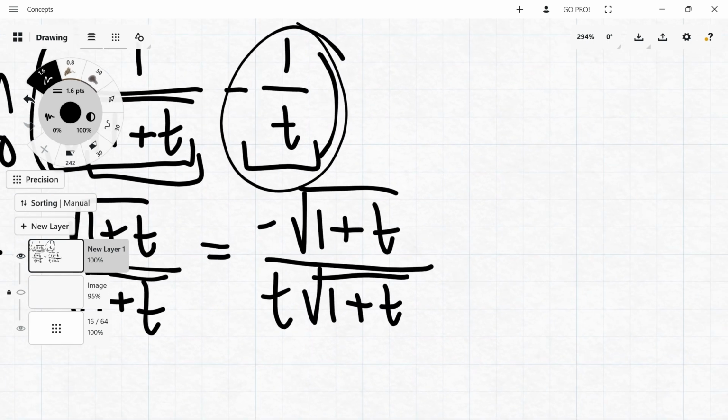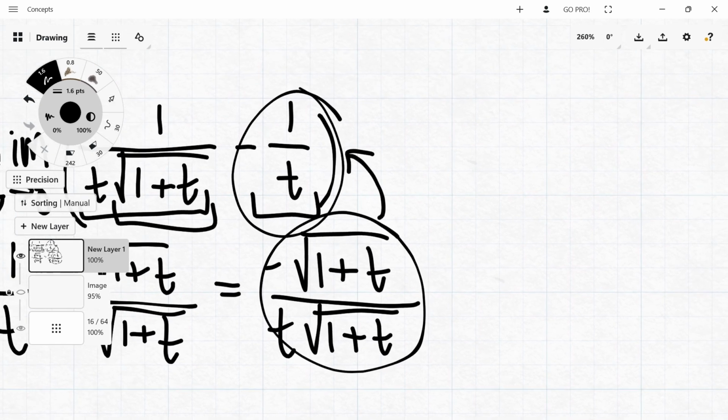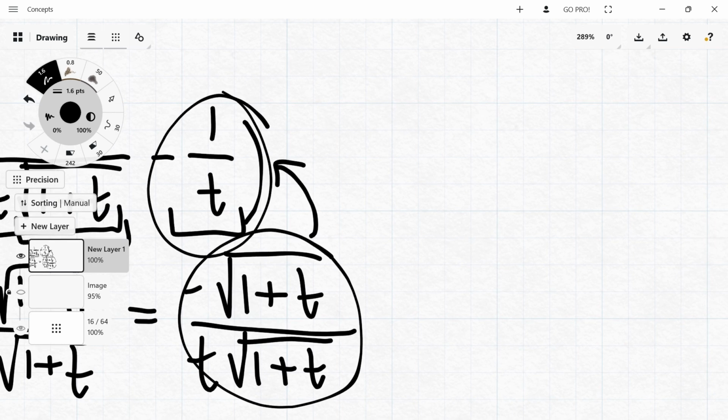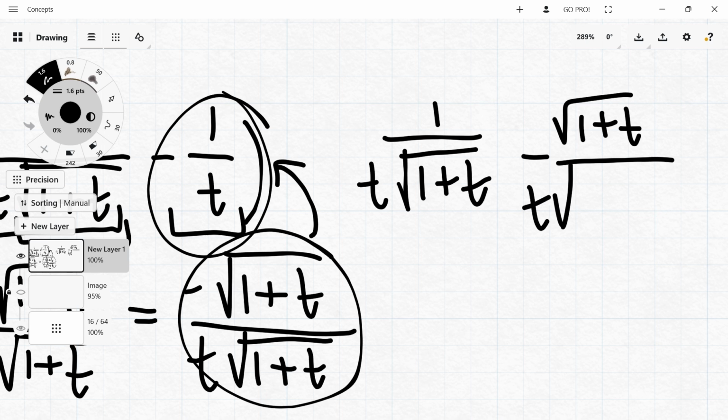So now we know that this equals that. So we can rewrite the original expression as 1 over t times the square root of 1 plus t, minus the new one that we got, which is the square root of 1 plus t over t times the square root of 1 plus t.